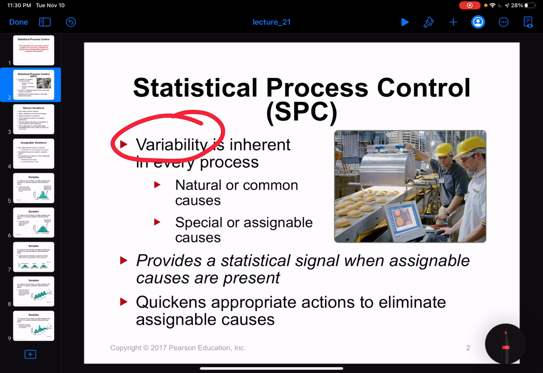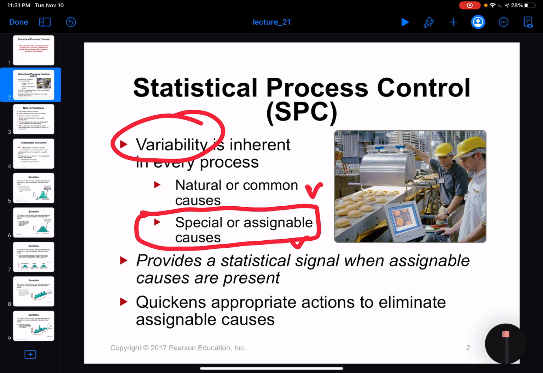Variability is inherent in every single process, regardless of whether it's natural or special and assignable. There is variability, but pay attention to this. If the variability is caused by natural and common causes, that might be okay, because with natural causes you probably cannot do that much.